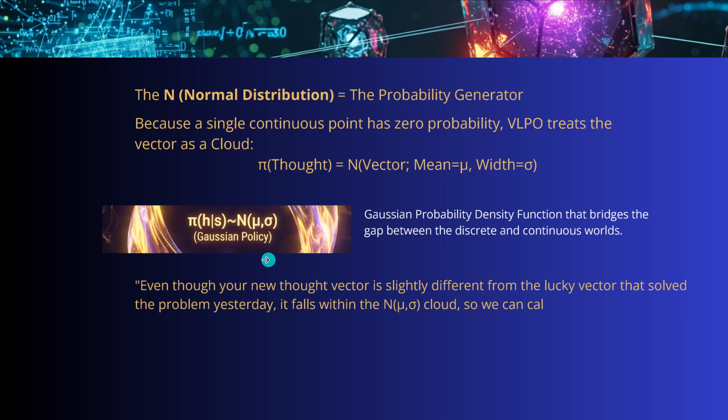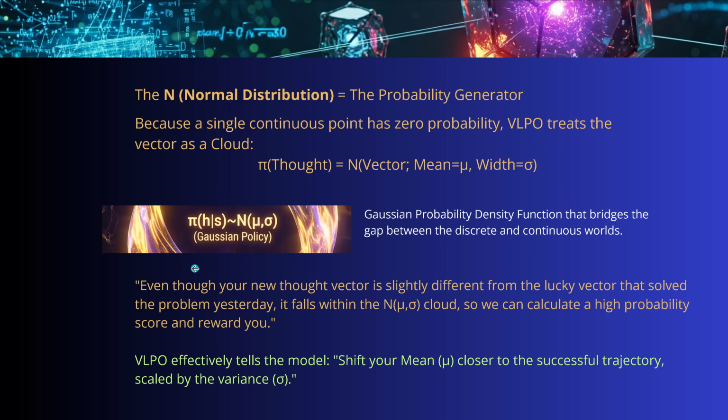So your new thought vector is slightly different from the lucky vector, the plasma vector that solved the problem yesterday. It now falls within our orange magnetic vortex, within our Gaussian normal distribution, so we can now calculate a high probability score and calculate the reward.